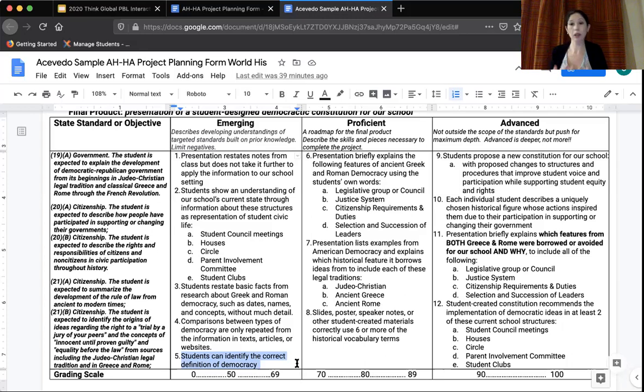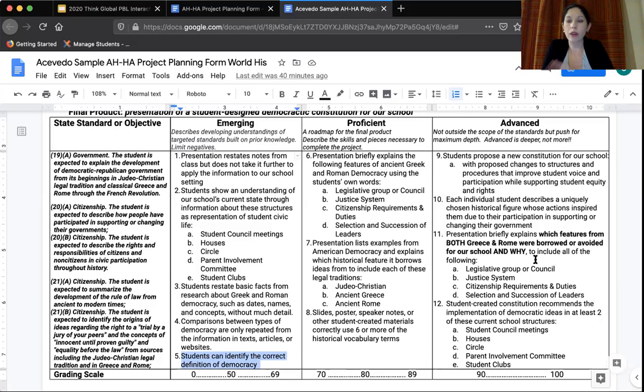They've learned about democracy since elementary school, so I want them to be asking questions about that word, or telling me some things they know when we first launched this project. They might know that voting happens in a democracy, that people vote. So they might not have all the pieces, but this is going to be mostly prior knowledge. If they can tell me what democracy is, and if at the end of the project, that's all where they're at, then that's emerging.